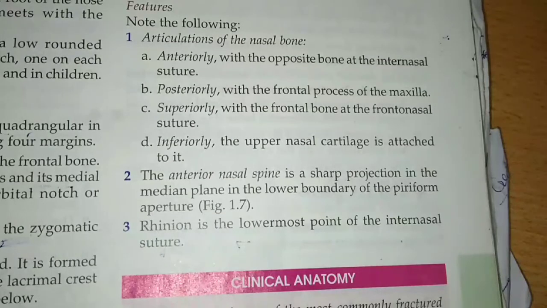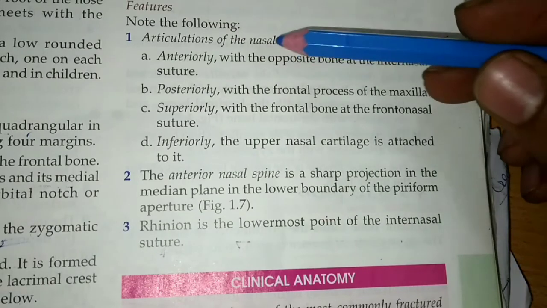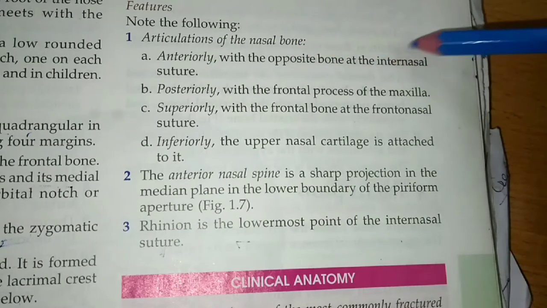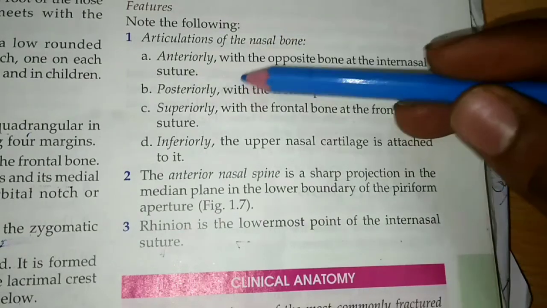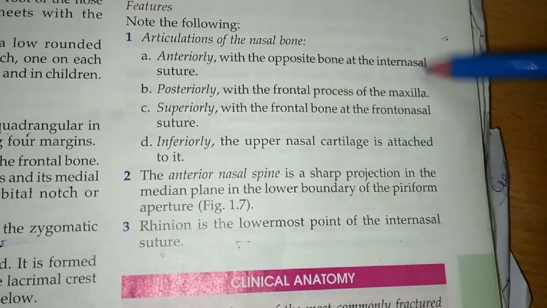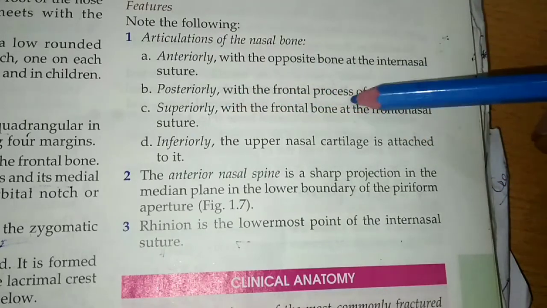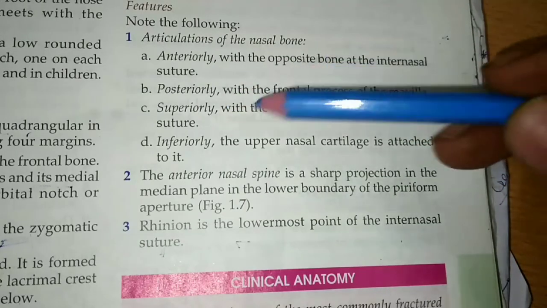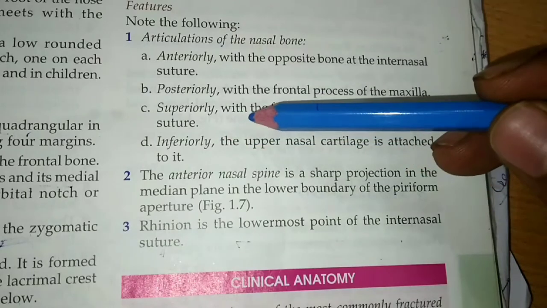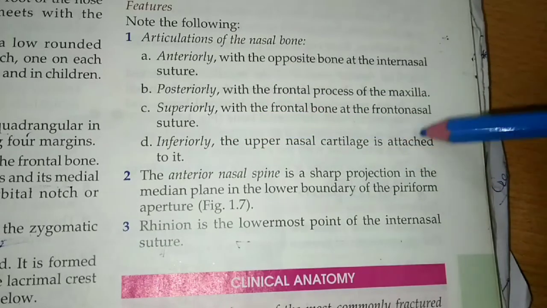So the features of the anterior bony aperture of the nose are: first, the articulation of the nasal bone anteriorly with the opposite bone at the internasal suture, posteriorly with the frontal process of the maxilla, superiorly with the frontal bone at the frontonasal suture, and inferiorly the upper nasal cartilage is attached to it.